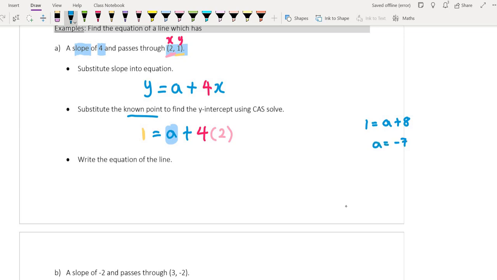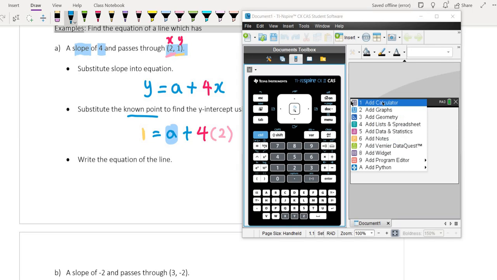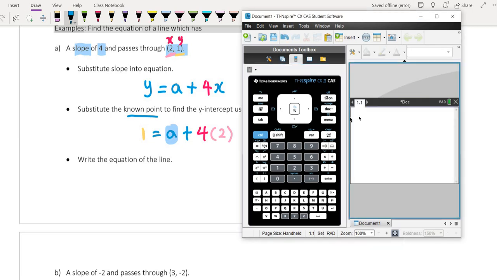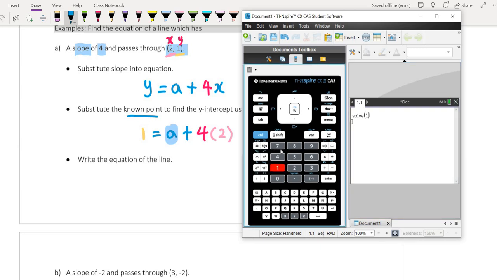If you're not comfortable doing that, you can go into the CAS, go into the calculator, menu, algebra, and solve, and write down the equation: 1 equals a plus 4 times 2, and then finish with comma a and enter, and it gives you a equals -7.